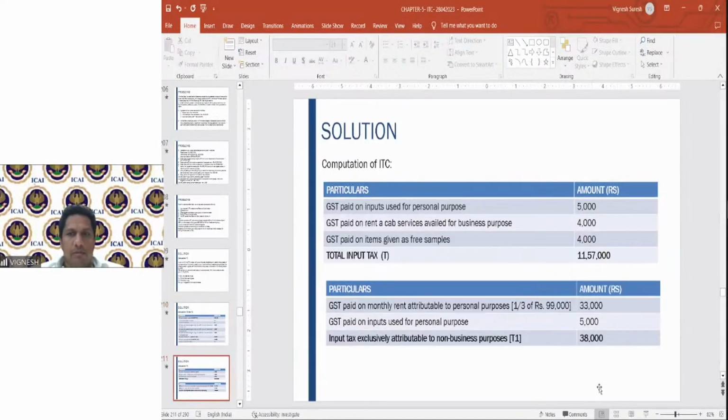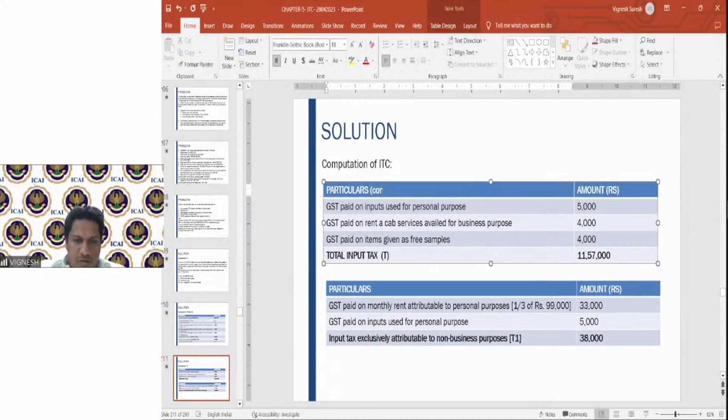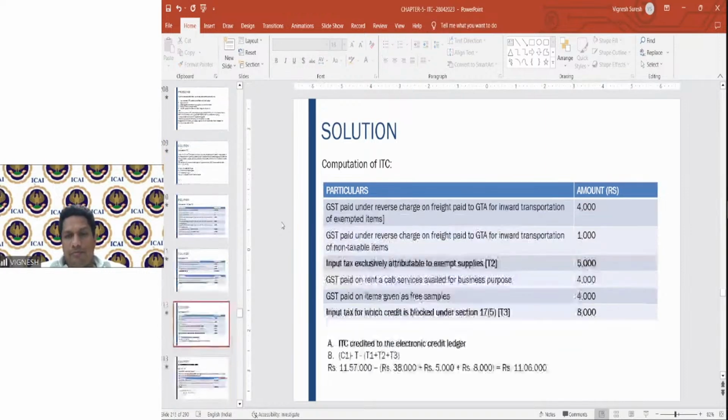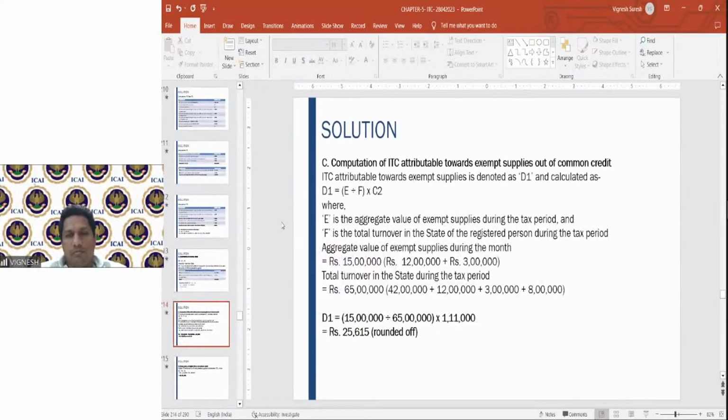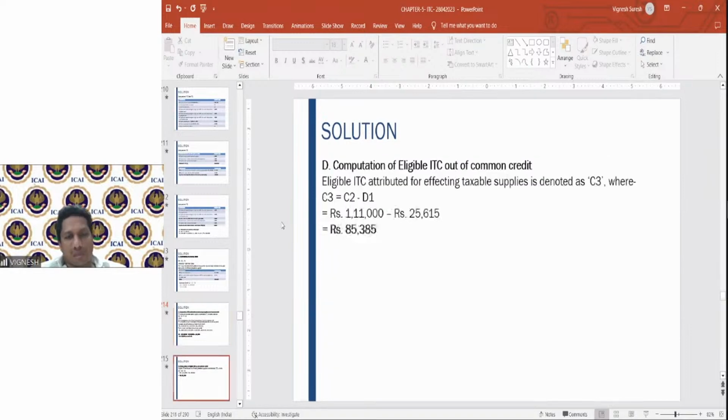Okay. This one is continuation from previous. So 25,615 is the ITC attributable to exempt supplies.